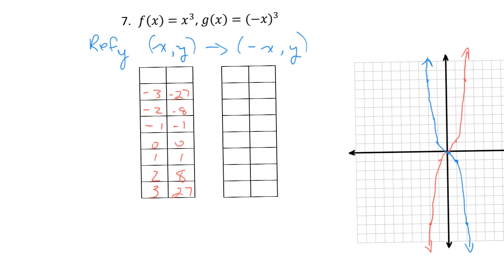Our x's are now at +3, 2, 1, 0, -1, -2, -3. And our y values stayed the same. So at +3, we're at -27. Okay, so our y values stayed the same here. Our x values were the ones that changed.